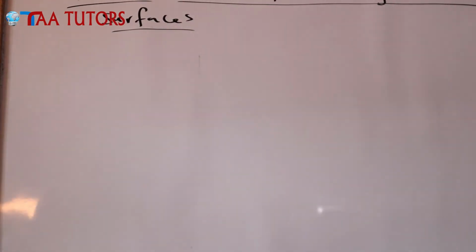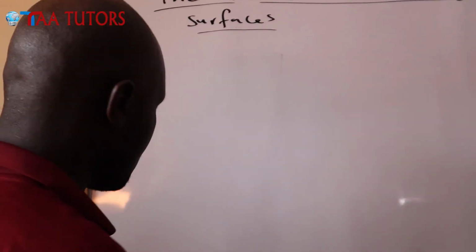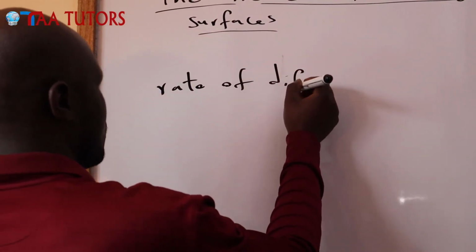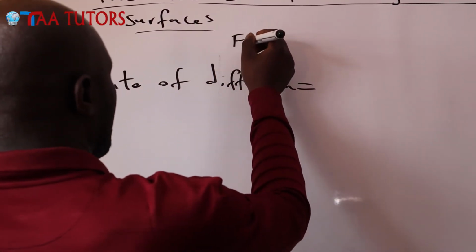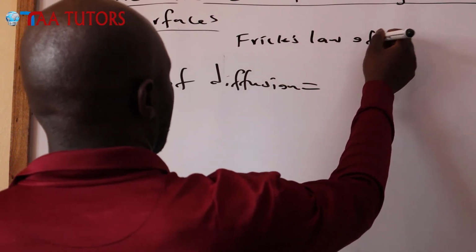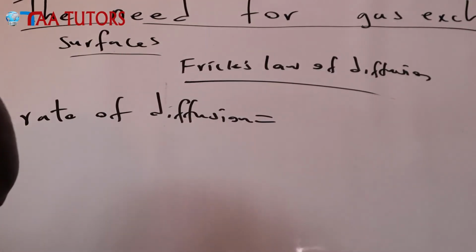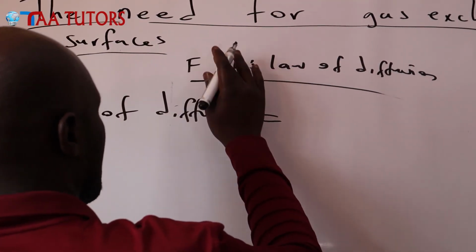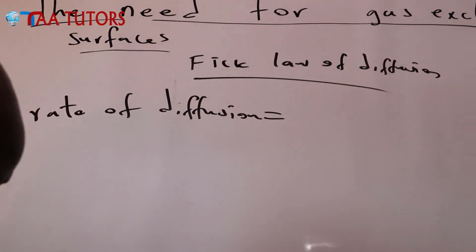Fick formulated that if we want to know the rate at which gases are diffused, we can say that the rate of diffusion, according to Fick's law of diffusion, is this: this is what he came up with.